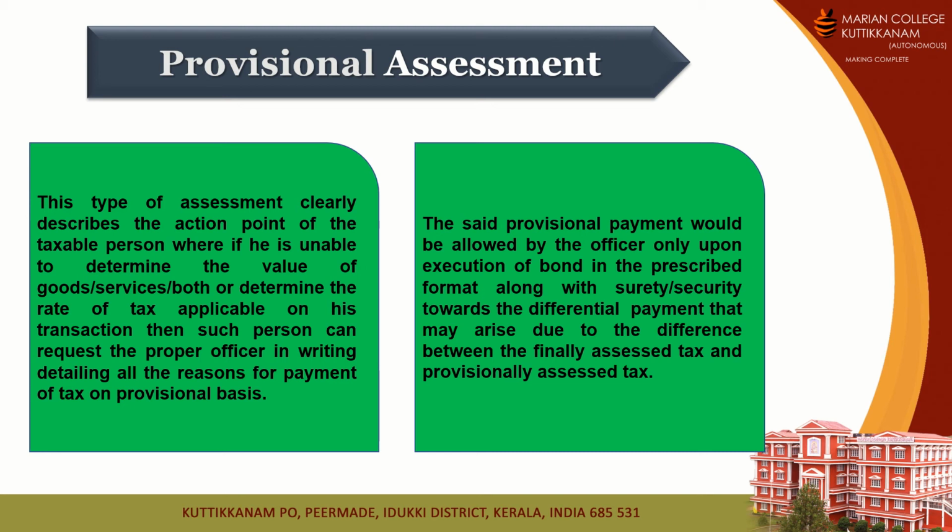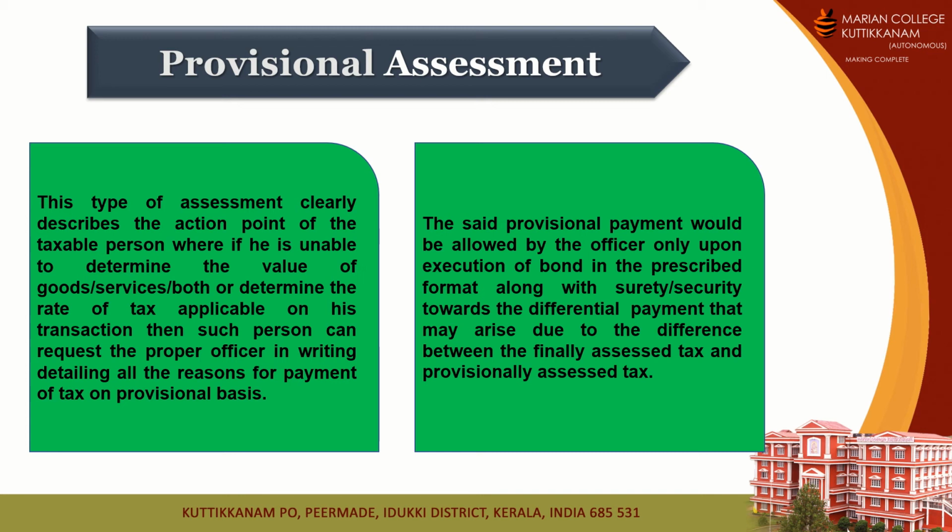This type of assessment clearly describes the action point of the taxable person where, if he is unable to determine the value of goods or services or both, or the rate of tax applicable on his transaction, then such person can request the proper officer in writing, detailing all the reasons, for payment of tax on a provisional basis.